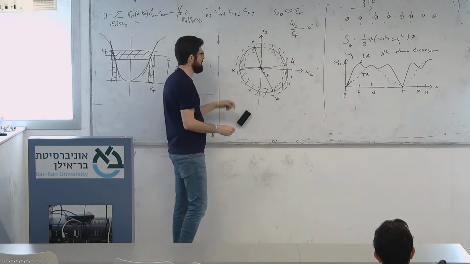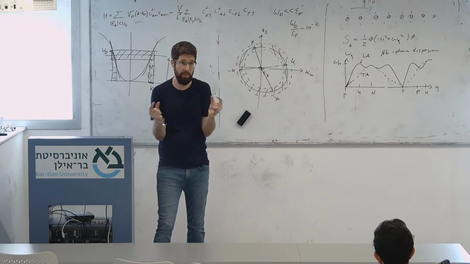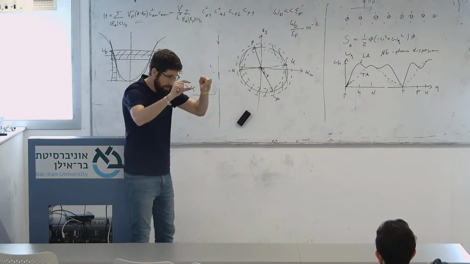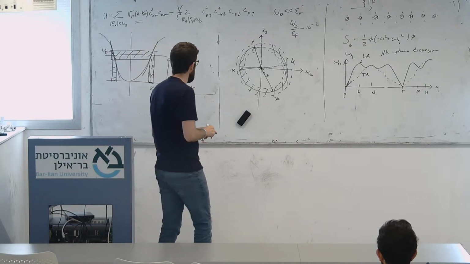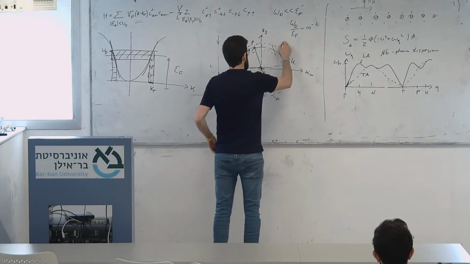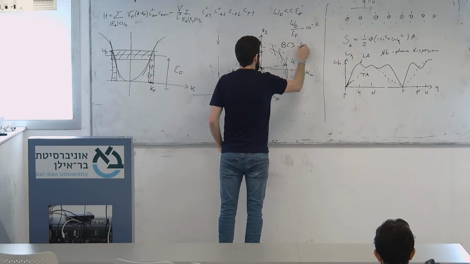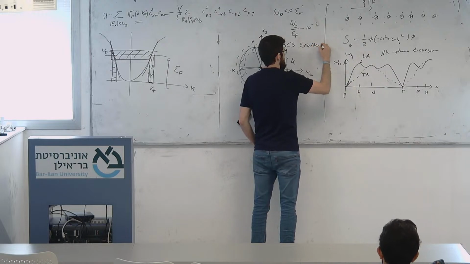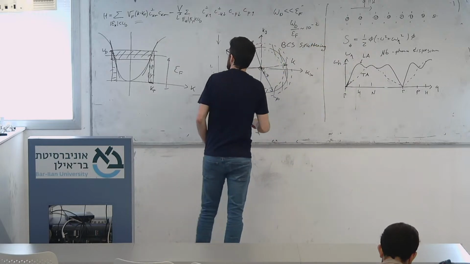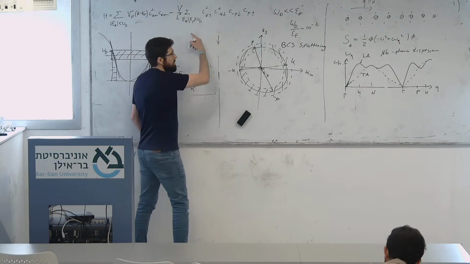The name of the game is that you have to stay within this thin layer. And needing to stay in this thin layer limits by a large amount what kind of scattering events you can have. And this is called BCS scattering. And this is captured exactly by this Hamiltonian.